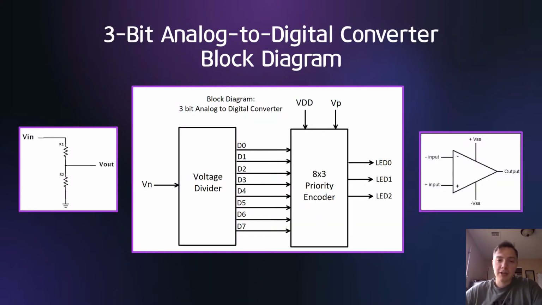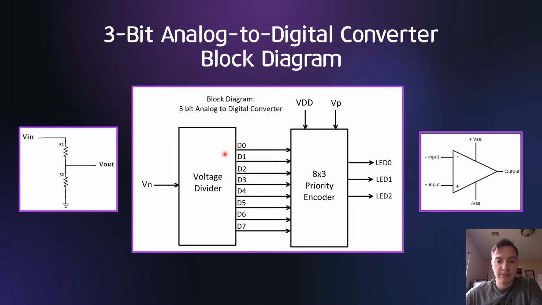And then this is my block diagram that I designed. So it takes a voltage and divides it up with a voltage divider. And at each one of these nodes, after each voltage drop, the voltages are going to be different.